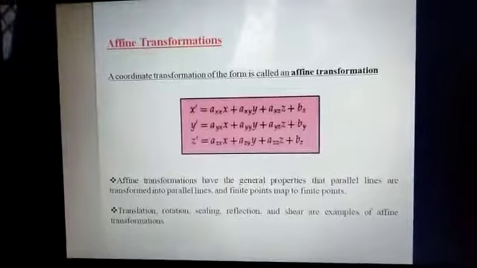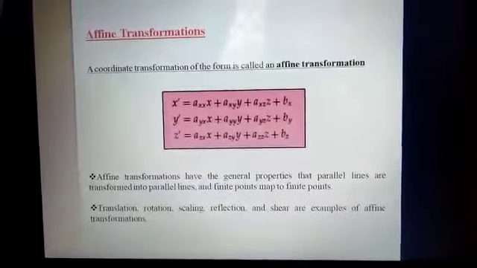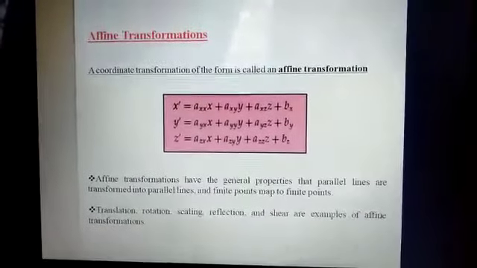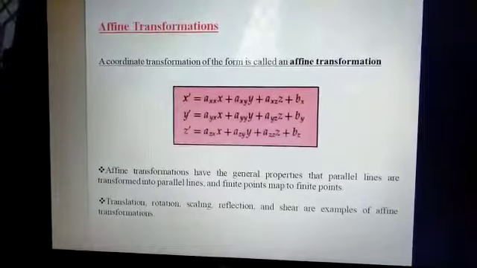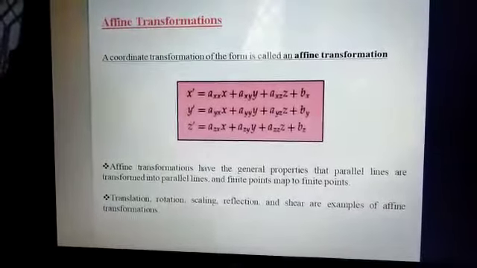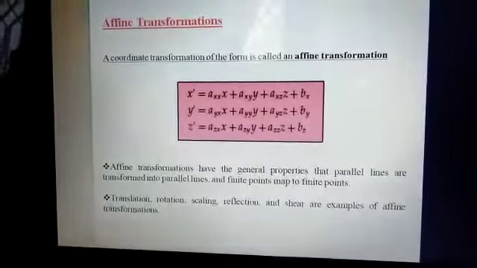Next we have affine transformations. A coordinate transformation of this form is called an affine transformation, which could be referred to as x dash, y dash and z dash with respect to this particular formula. Affine transformations have the general properties that parallel lines are transformed into parallel lines and finite points map to finite points.